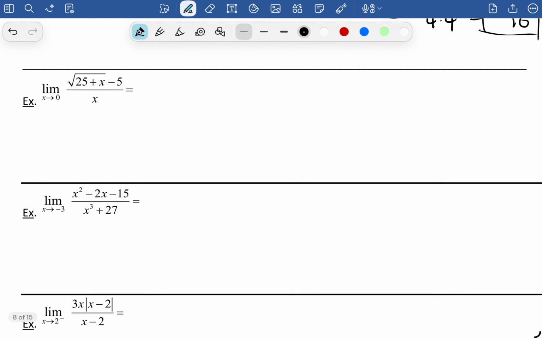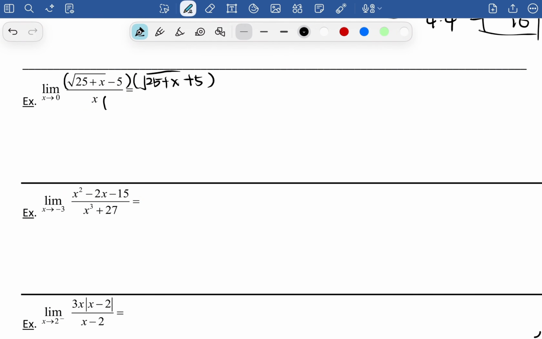What about this one? Again, like what I said before, we don't like square roots. So a way to eliminate a square root is by multiplying by its conjugate. So we multiply the whole thing by the square root of 25 plus x plus 5.